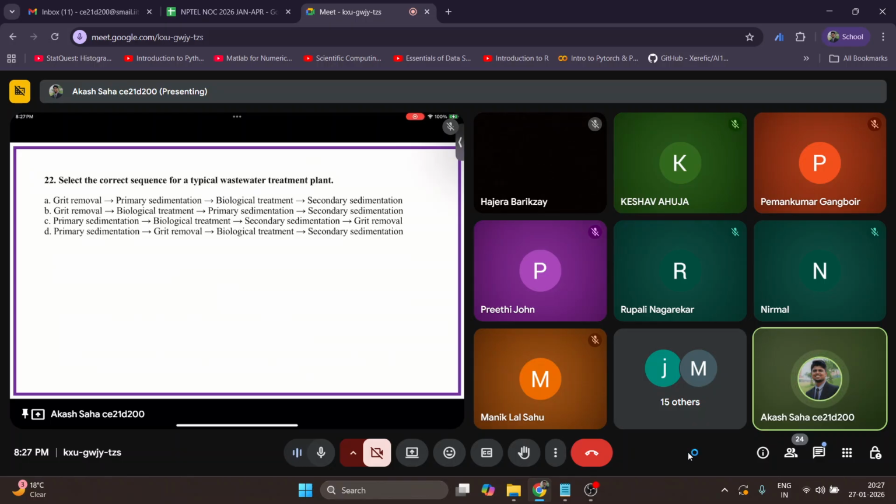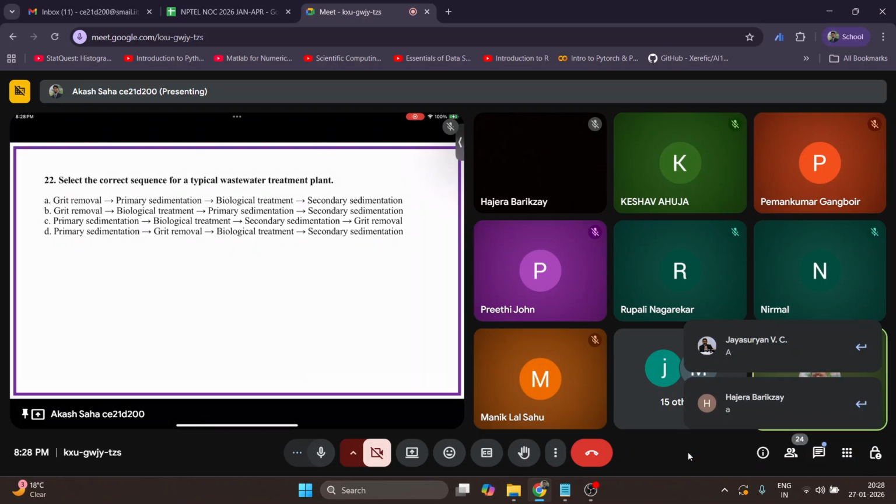Next, select the correct sequence for a typical wastewater treatment plant. So we have grit removal, primary sedimentation, biological treatment, secondary sedimentation, all these things. What is the correct sequence here? Yes, A is the correct answer.